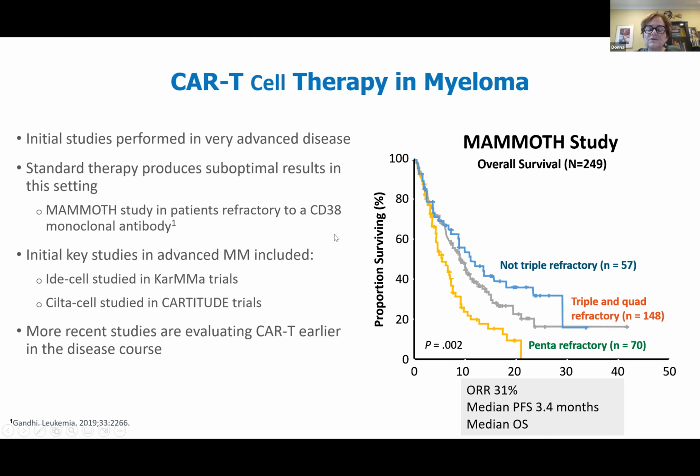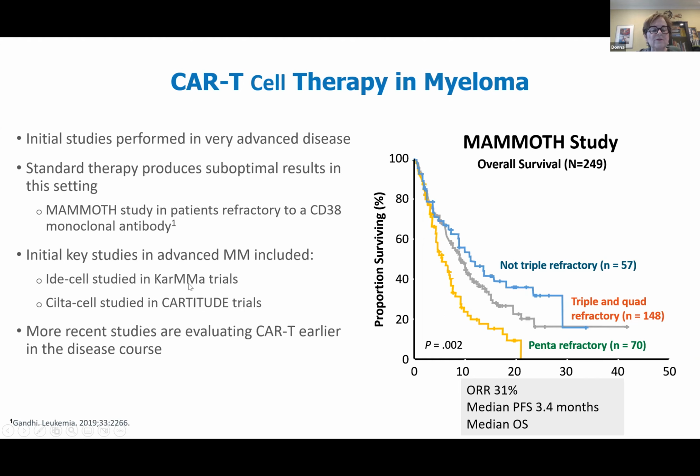But this was the group that the two main CAR T platforms were assessed in. The Celgene and then BMS, when they bought them over, product is called ide-cel. It has a much longer name I can't say. And the Janssen product, cilta-cel.